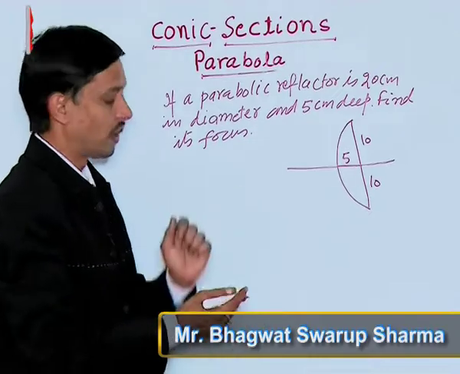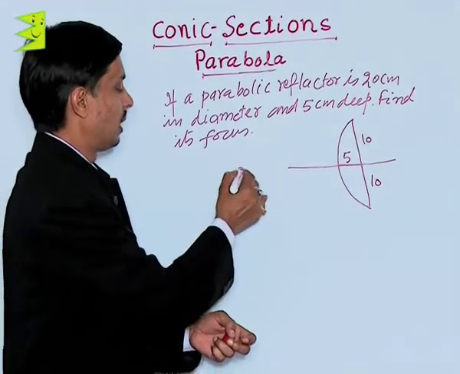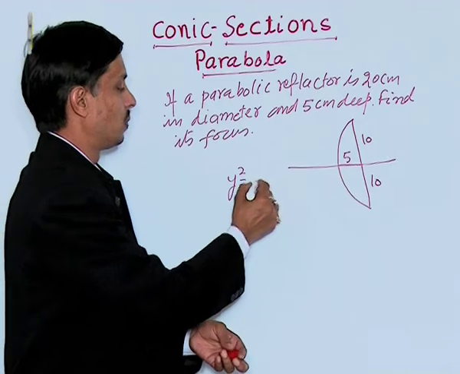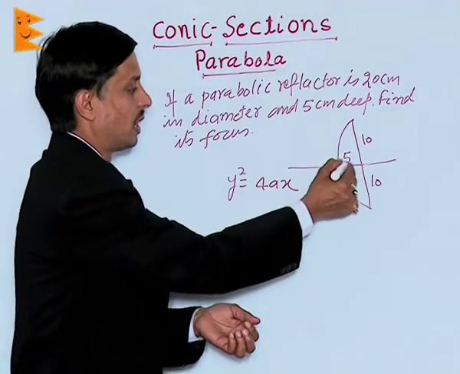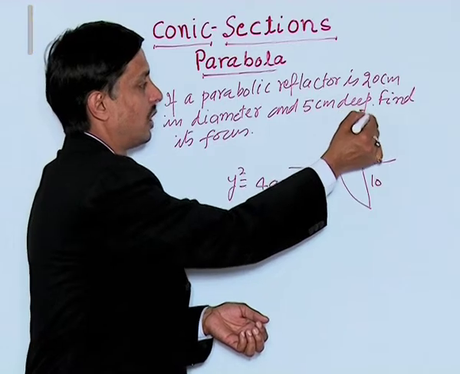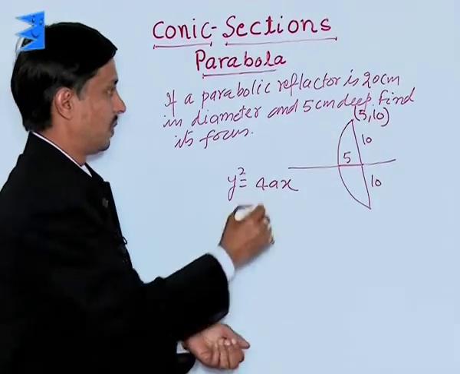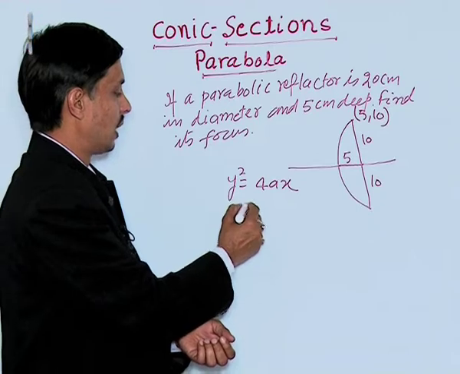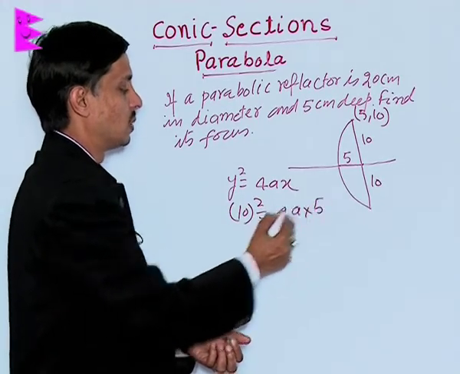They are asking to find the focus. So this parabolic reflector is given by y square equals 4ax. Here this part is 5, this is 10, so the coordinates of the upper end are 5, 10.